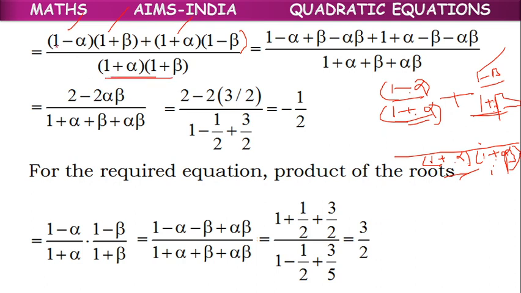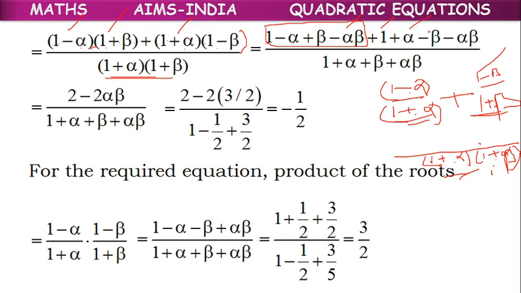Now let's multiply. 1 into 1, 1. 1 into minus alpha, minus alpha. Beta into 1, beta. Beta into minus alpha, minus alpha beta. This is the multiplication of these two. Next, 1 into 1, 1. 1 into alpha, alpha.